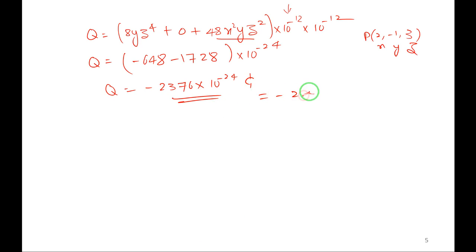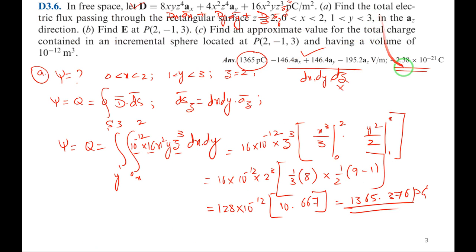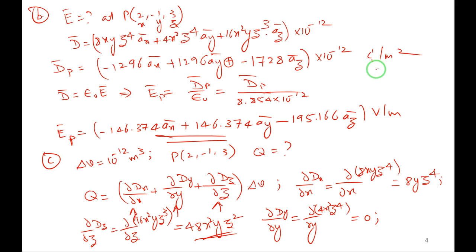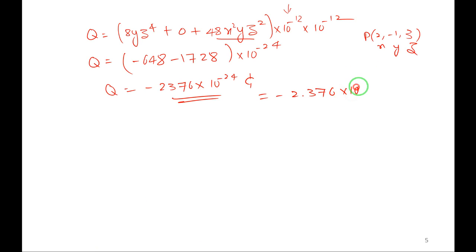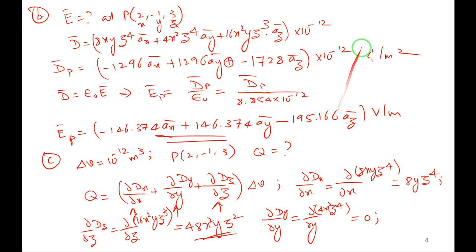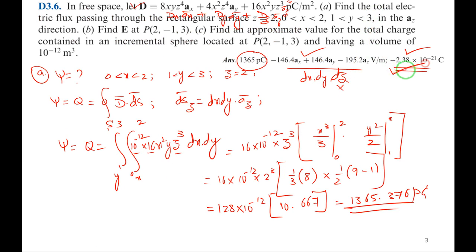Instead of 10 power minus 24, we can express in terms of 10 power minus 21. Minus 21 means 10 power minus 3, take 3 digits below. So minus 2.376, that is minus 2.38, one and the same.